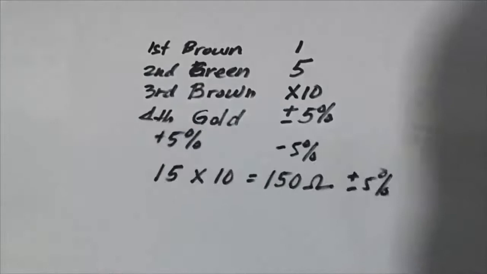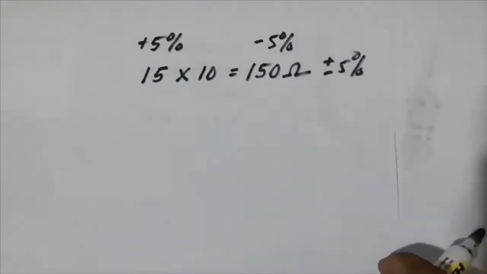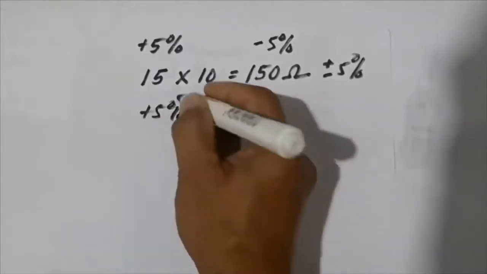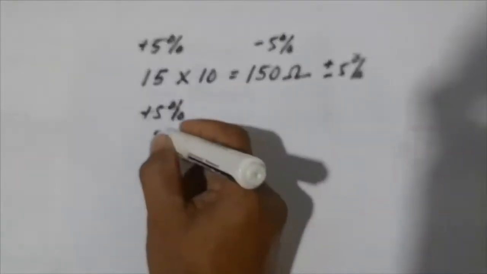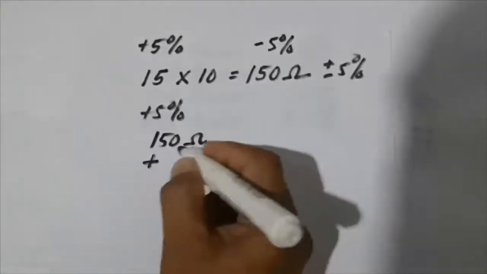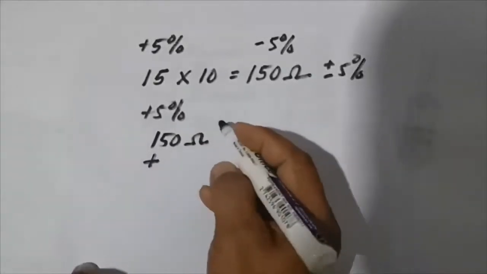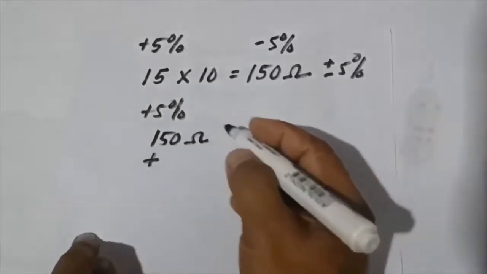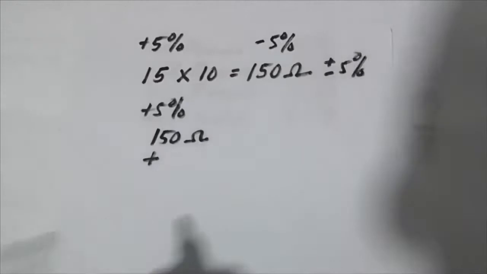Then, we can get now the positive 5% by adding 150 plus the 5% of 150. Where are we going to get the 5%? We have to compute for the equivalent 5% from the value of the resistance.